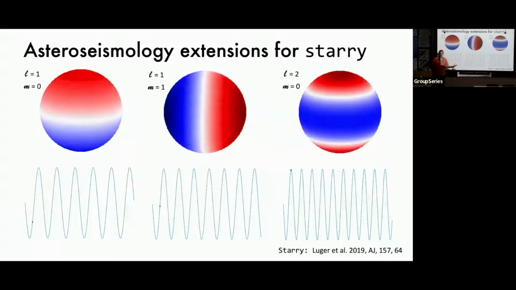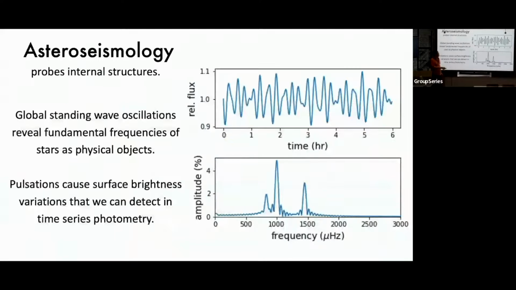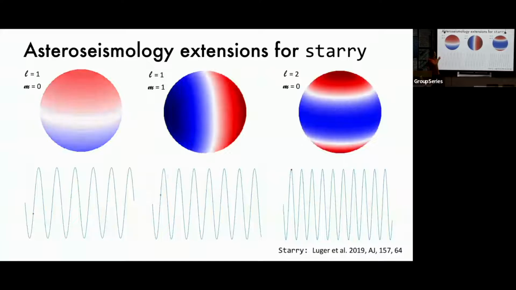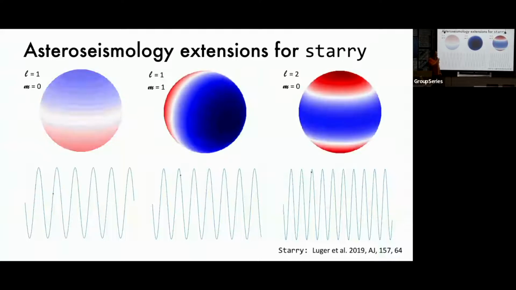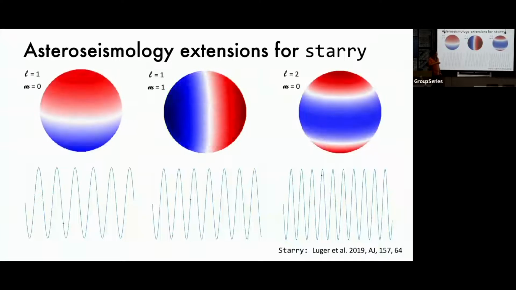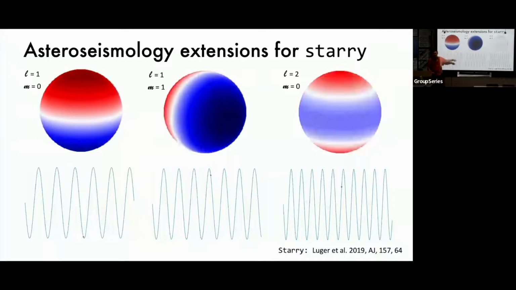And it's one of the limitations of our current methodology. We often don't know what is the nature of this signal? What is the L and M of its spherical harmonic mode? But if you had an eclipsing binary, the modulation to this amplitude while an eclipse is happening would be different in each of these three cases.